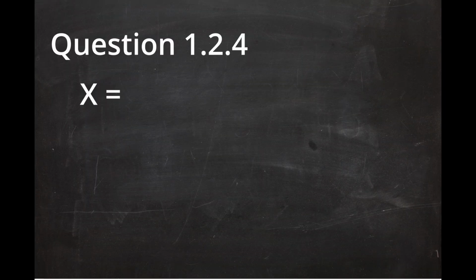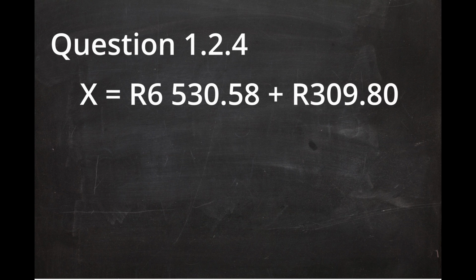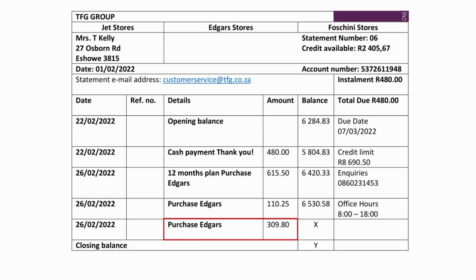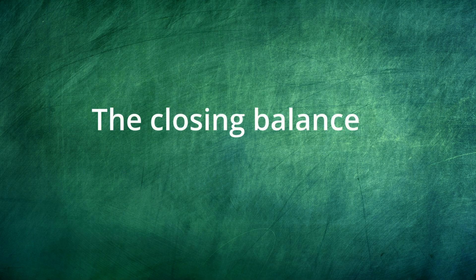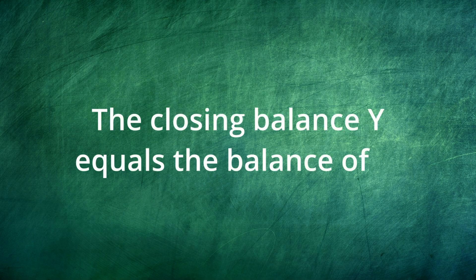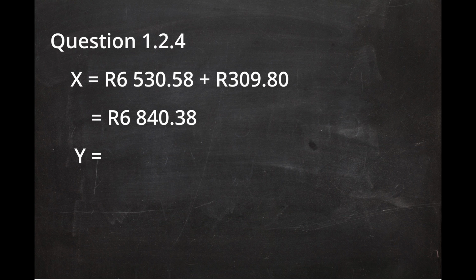So the value of X will be 6,530 Rand 58 cents plus 309 Rand 80 cents, and this equals 6,840 Rand 38 cents. Since there are no other transactions after the last purchase on the 26th of February, the closing balance Y equals the balance of X. So Y also equals 6,840 Rand 38 cents.